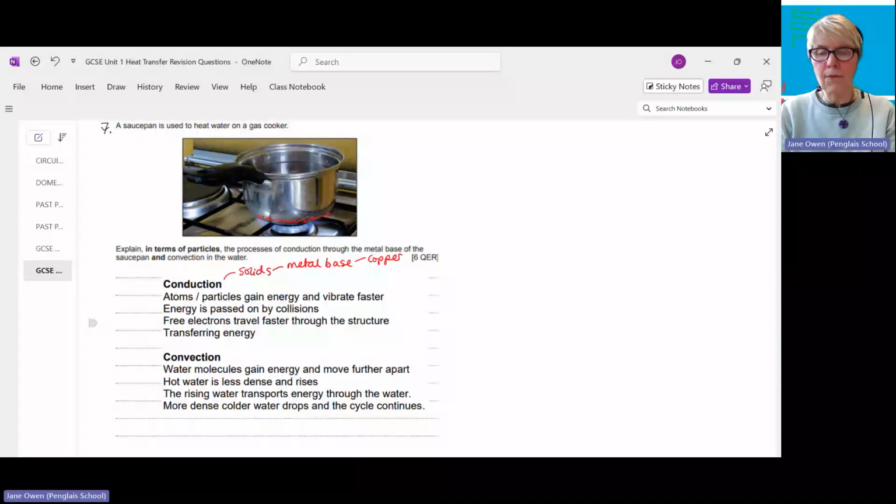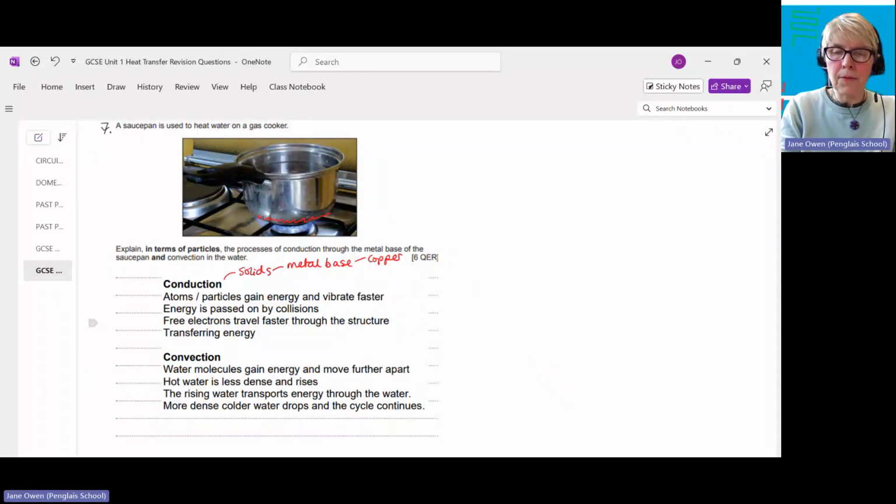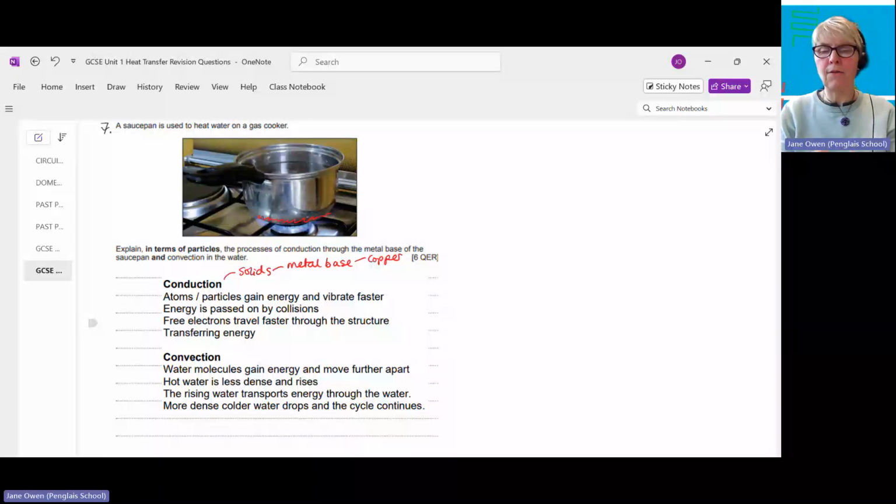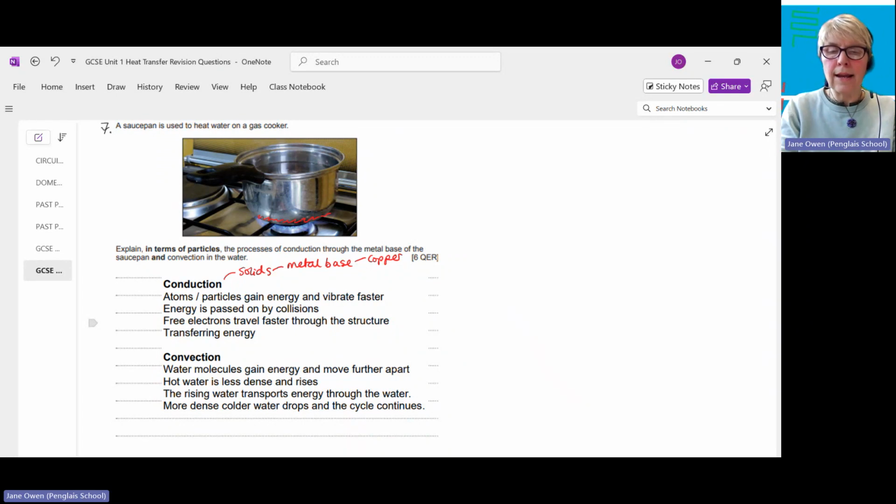So the atoms gain energy from the gas heater here. In gaining energy, they vibrate more, and in vibrating more, they knock onto their neighboring atoms. They collide, they knock into them. They're not traveling into them, they just knock.